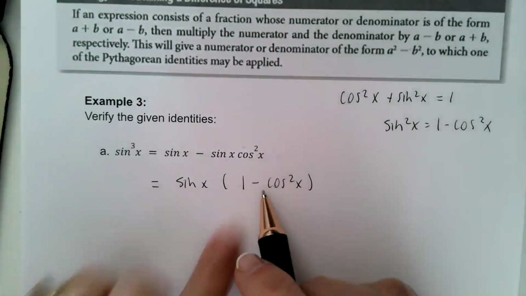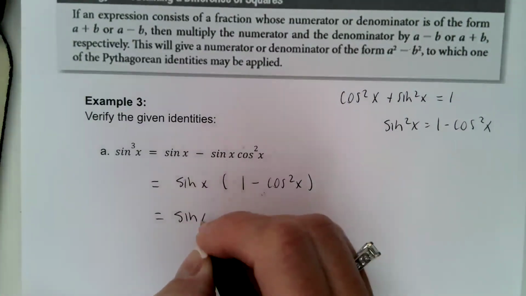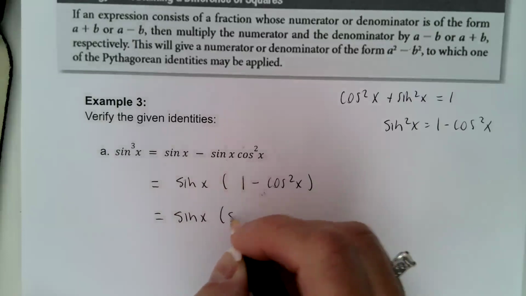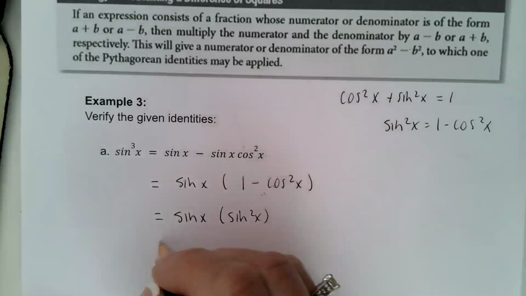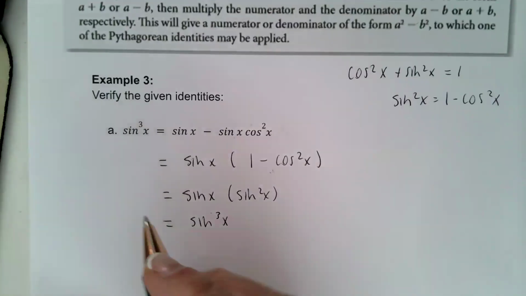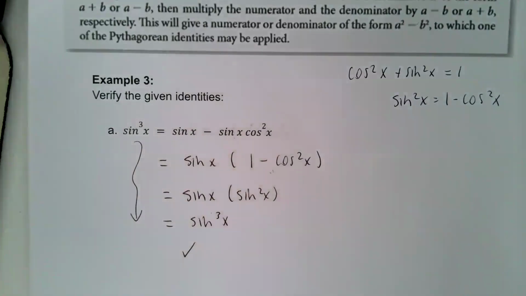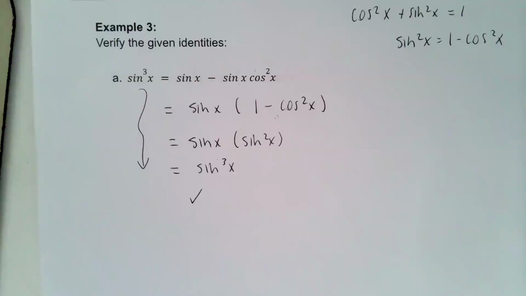So I'm going to replace this with sine squared x. So I have sine x times sine squared x, and that gives me sine cubed x, which is the left-hand side. And I just proved that given identity.